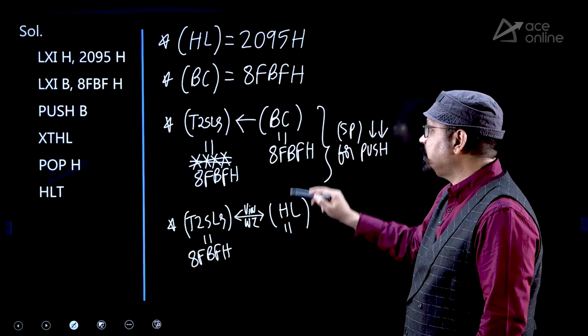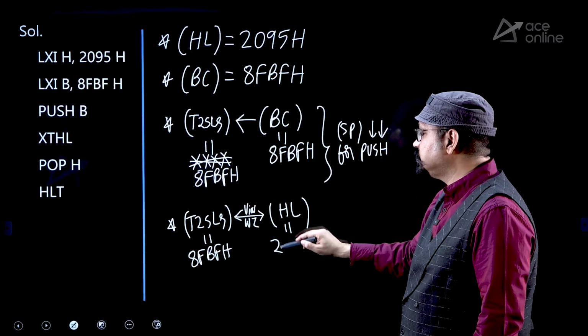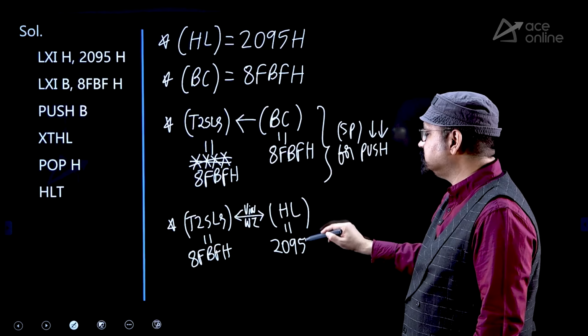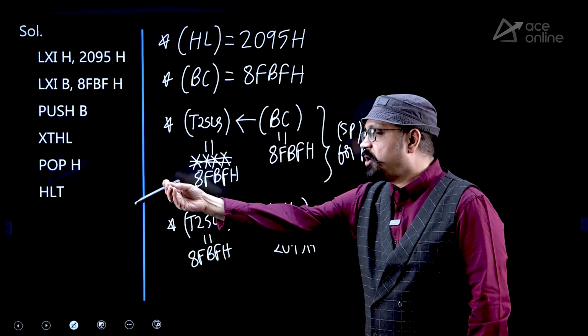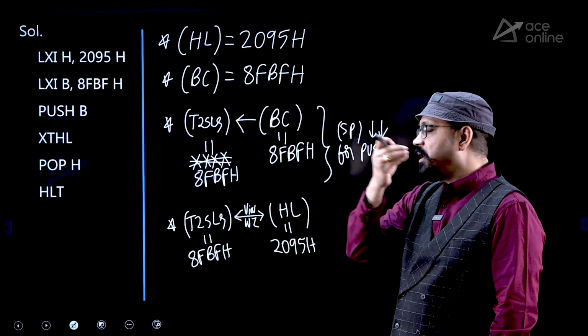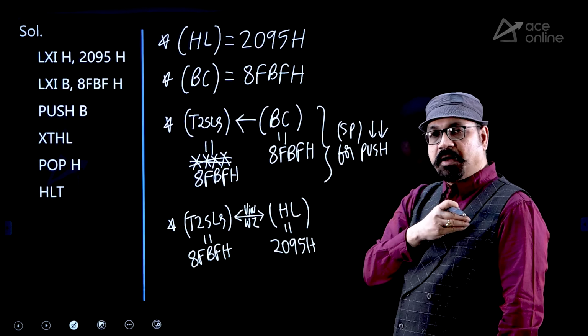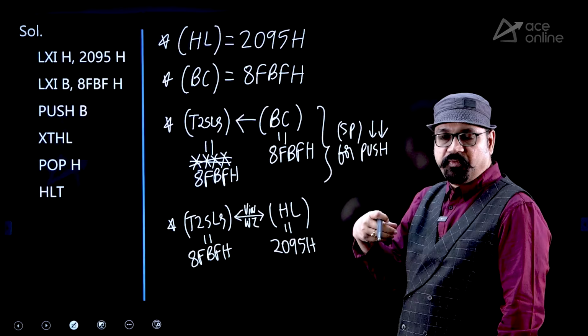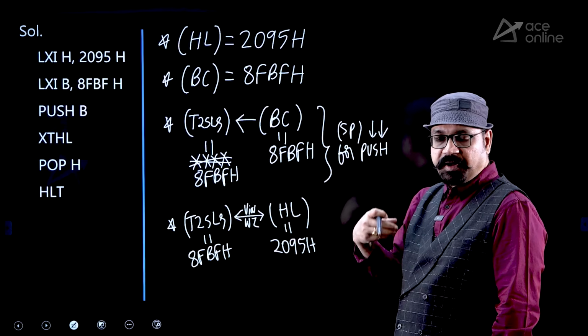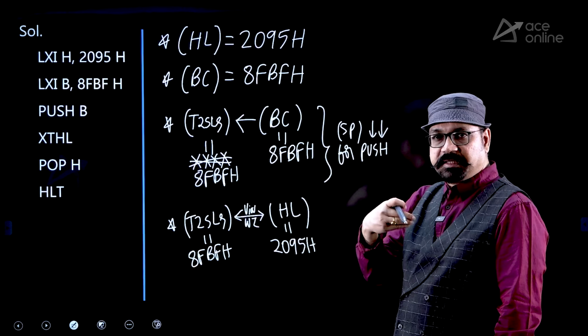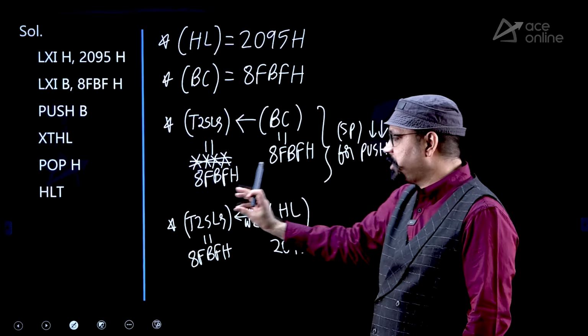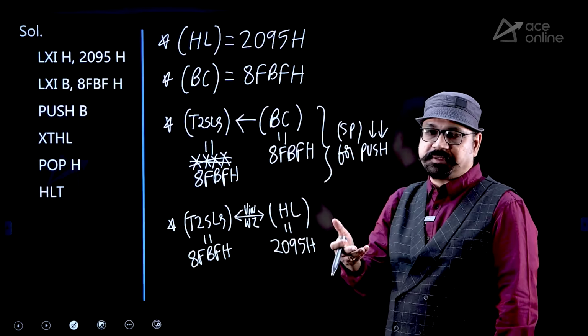What is there in HL pair? Let me write here 2095 hexa. So whatever is there in the top of the stack is taken into WZ. Then obviously from WZ it is going to move into HL pair. When it is moving from WZ into HL pair, content of HL pair is pushed into top of the stack. A sequence of operations will happen.